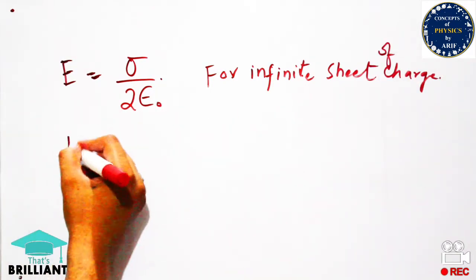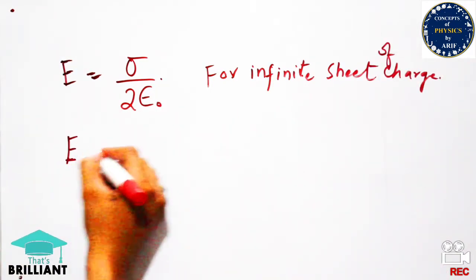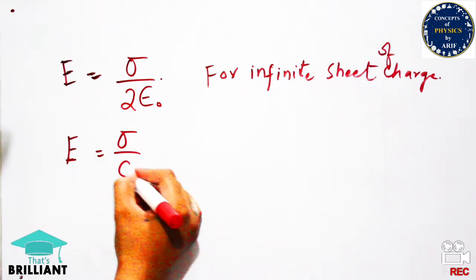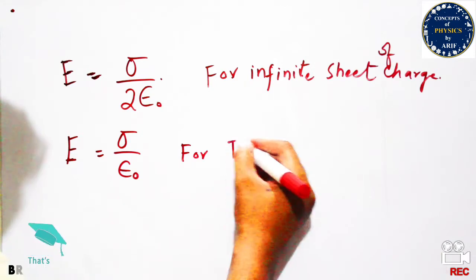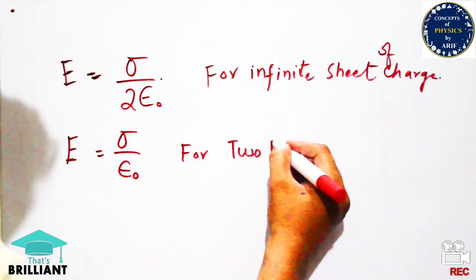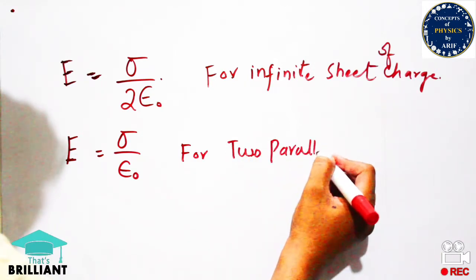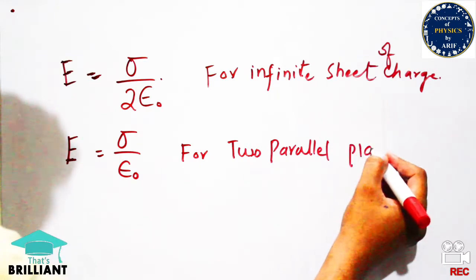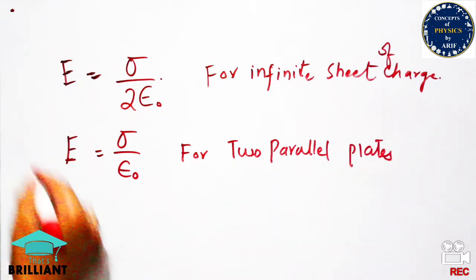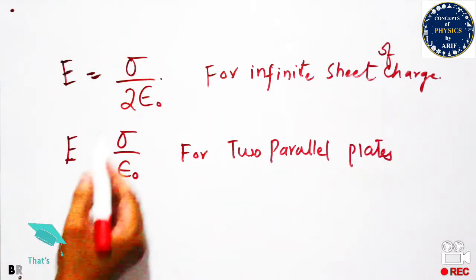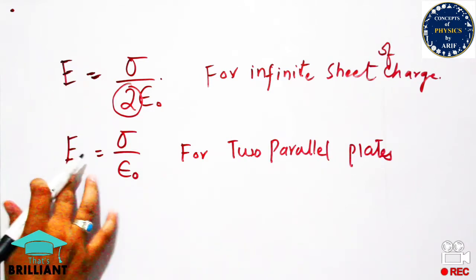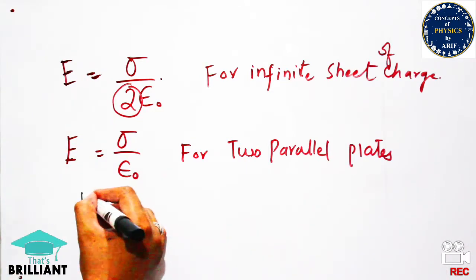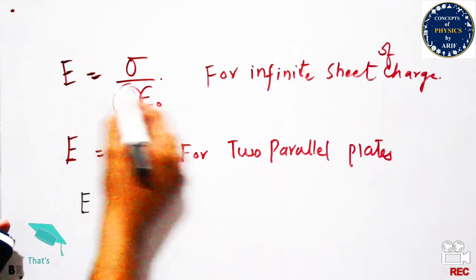Today we have discussed that electric field intensity is equal to sigma over epsilon naught for the case of two oppositely charged plates, where electric field intensity has been found between these two oppositely charged plates. In order to compare this, we need to know that E is equal to sigma over 2 epsilon naught, where 2 is separate between these two terms.